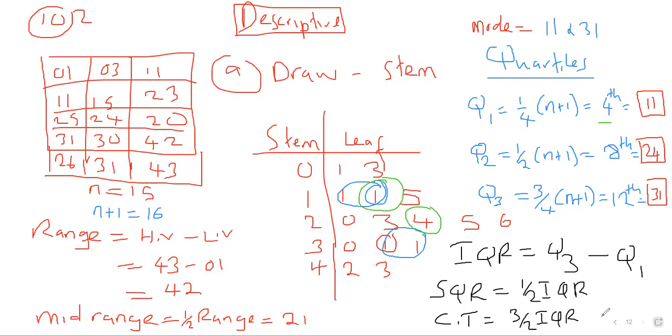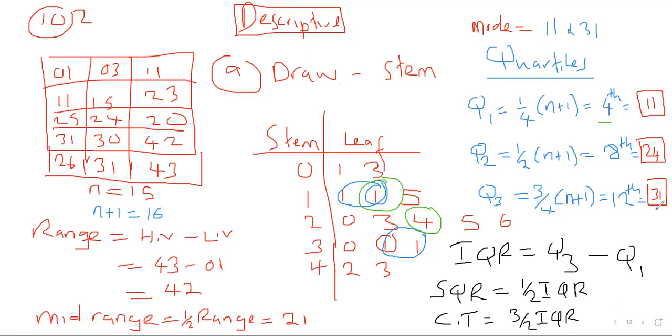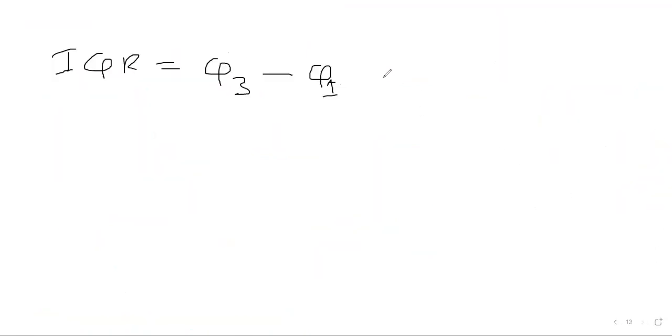Since we've established that the interquartile range is Q3 minus Q1, and our Q3 was 31, 31 minus 11 gives us 20.